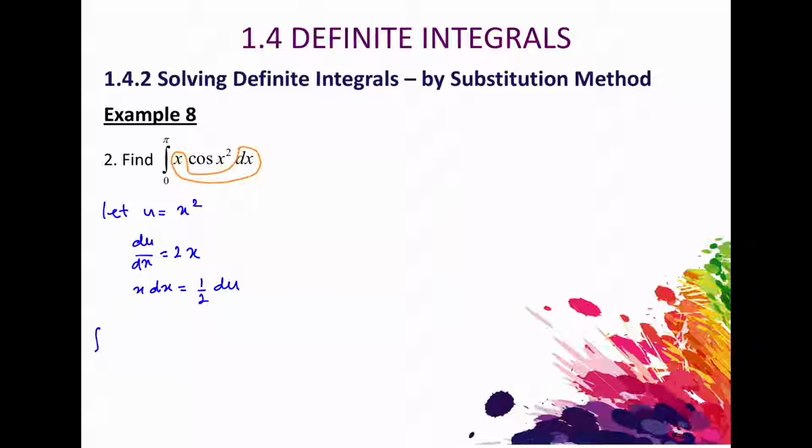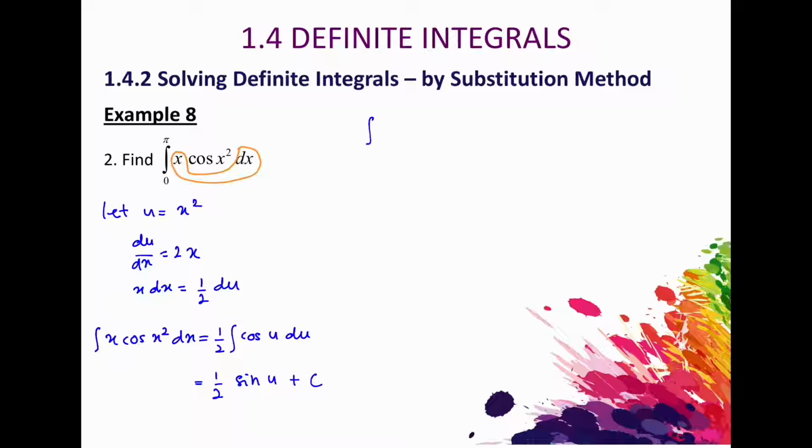We have the integration of x cos x squared dx is equal to 1 over 2 times the integration of cos u du, and then integrating cos u, we get sine u, then plus c, the constant. Now we're going to substitute u back with x.